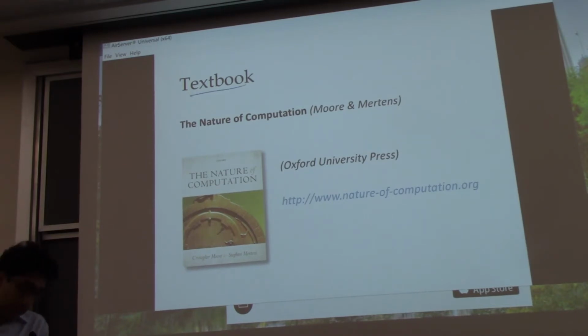So there should be copies of this in the library. Let me know if you don't have access to it. So this is not a strictly required textbook, but there will be readings from it which I will assign. And it's good if you are able to do these readings. Okay, so it's not strictly necessary that you have the book. There will be other material available.